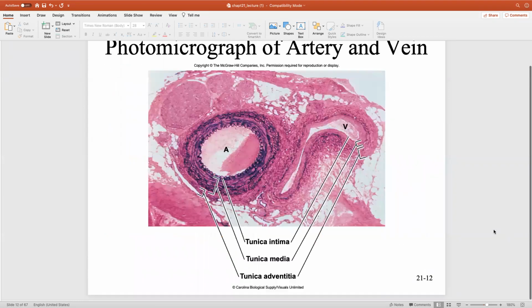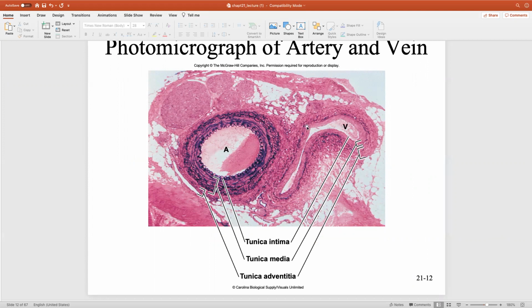Now, usually we can tell which one is an artery or a vein just based on the size and the lumen, right? Arteries without blood going through collapses. Let me rephrase that. Veins without blood going through collapses. I'm sorry, it's veins. All right, veins, right here is a microscopic slide.